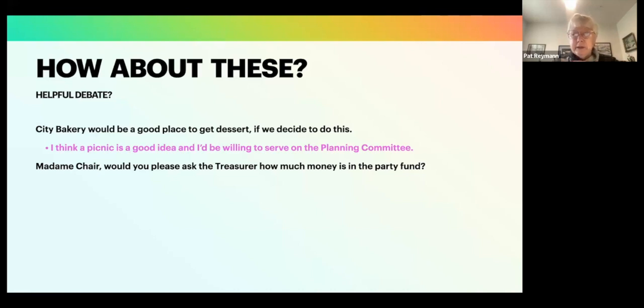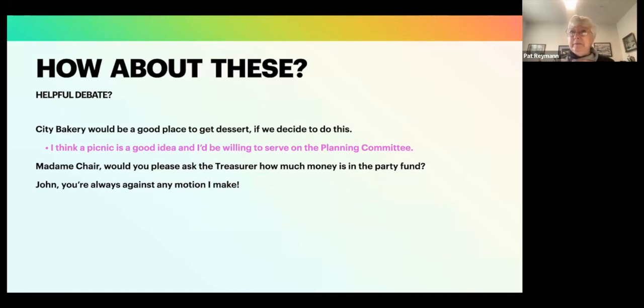Are you going to take all the money for the food out of the party fund? Or are you going to ask people to bring stuff? Or a combination of the two? So this is a question, getting more information so that you can make a decision on whether or not you want to hold a picnic in June. So that's a good one.